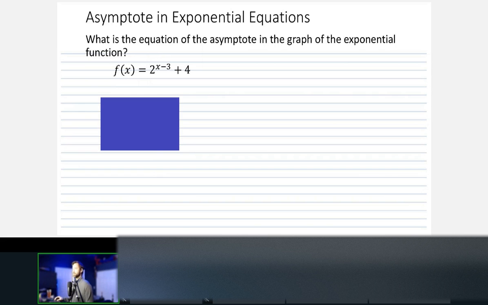Okay, another freebie. What is the equation of the asymptote in the graph of the exponential function? Think back, this is probably the very first lesson of Unit 4. We talked about the asymptote and the equation of all parent functions of exponential functions.